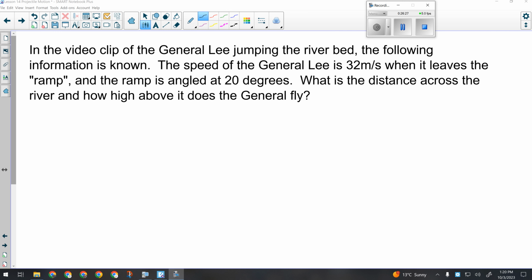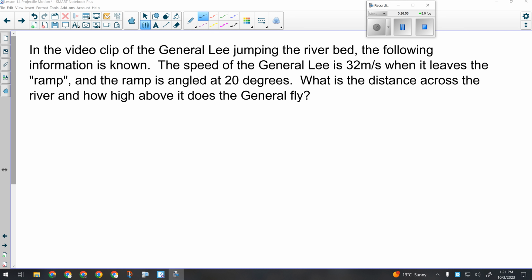So let's say we know the following information about this jump. Okay, so the General Lee, which is that orange car, okay, is jumping the riverbed. The speed of the General Lee is 32 meters per second when it leaves the ramp, because of that big pile of dirt that was there. Okay, and it's angled at 20 degrees. What is the distance across the river, and how high did the General Lee jump in making this jump?